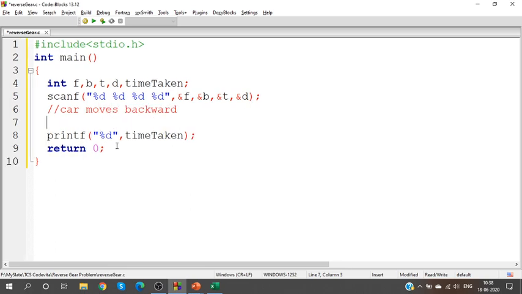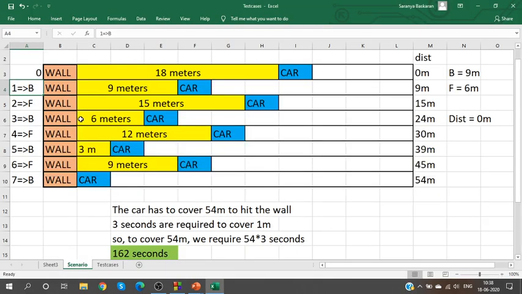If the initial distance was 18, and in the backward direction I cover 9 meters, reduce this 9 meters and we will get the answer. Clear? That is the first step.